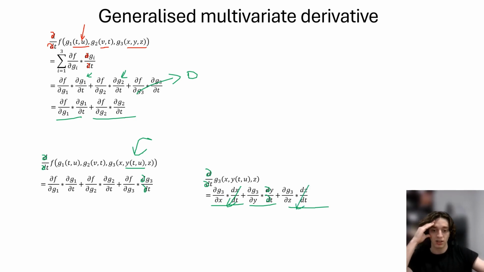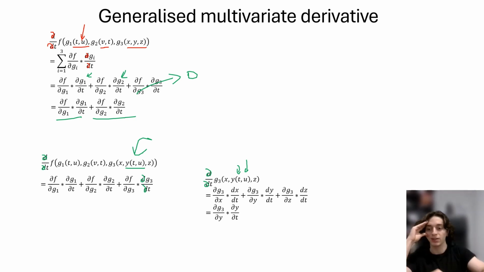Neither does z. But what about y? Y does have a dependence, and it's a very simple dependence. It just relies on t, not on u. Hence, we're going to skip a few of the even further recursions and just jump straight to the point. This is equal to partial g3 partial y times partial y partial t.